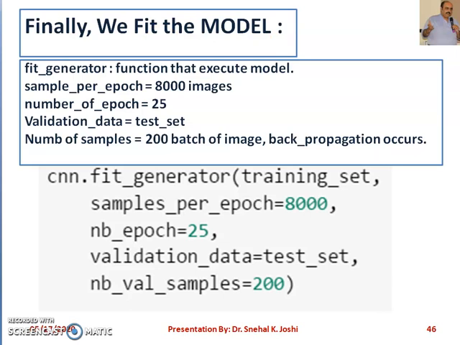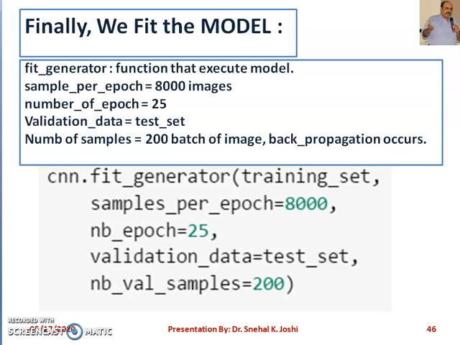So now let us feed the model using the fit_generator function, which will execute the model and feed it. We have an 8,000-image dataset as input, and that we will pass to the model for each epoch.